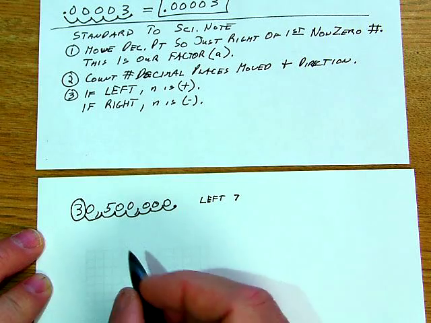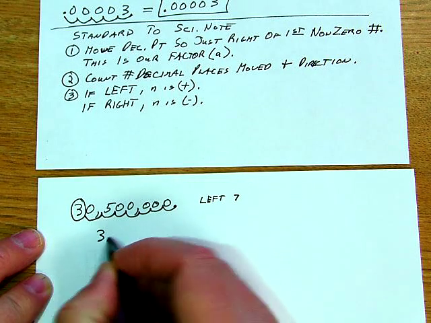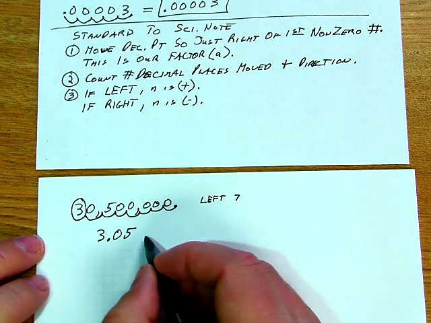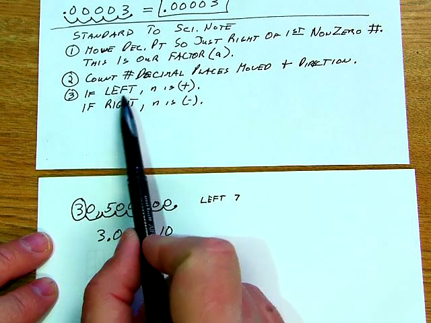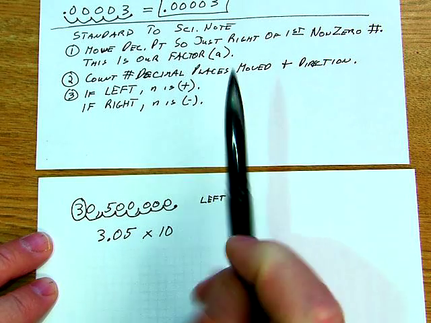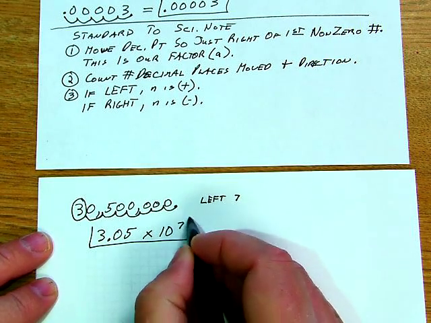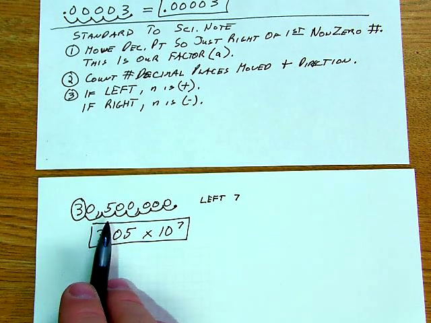So my resulting number with my new decimal place is 3.05 times 10. Well, since I moved left, my power is positive, 10 to the 7th. So that is the scientific notation number for 30,500,000.